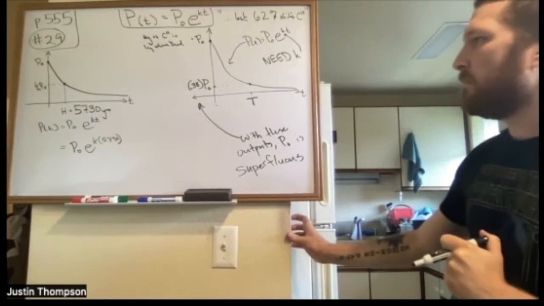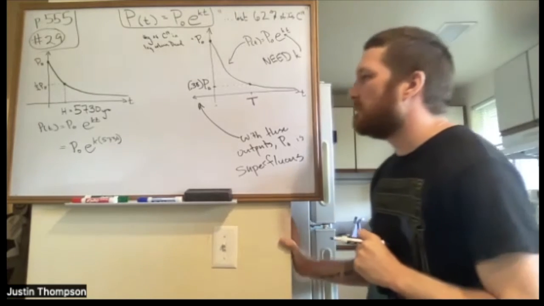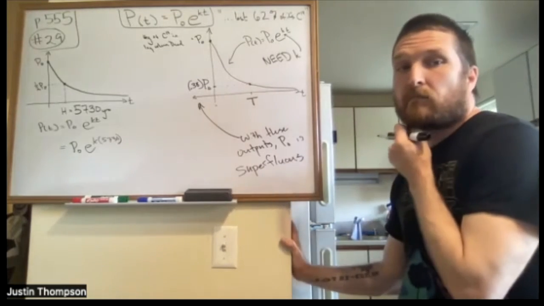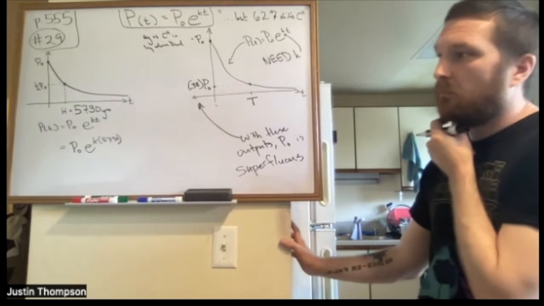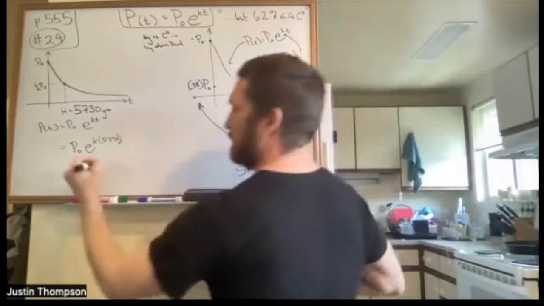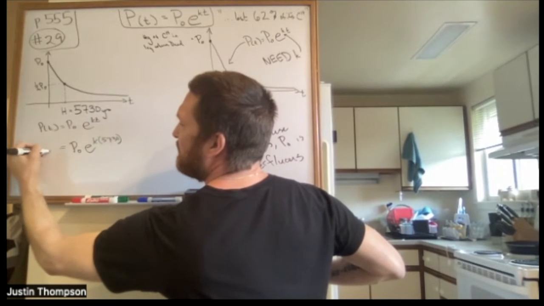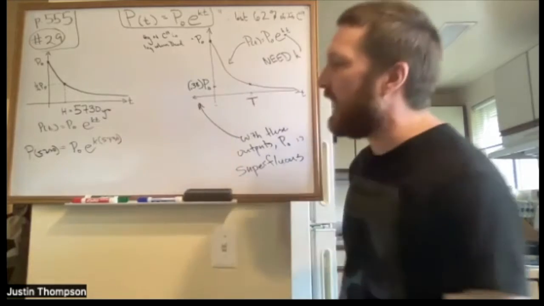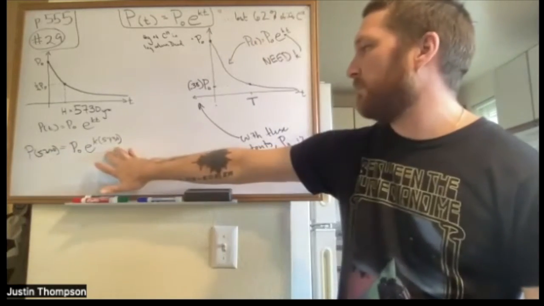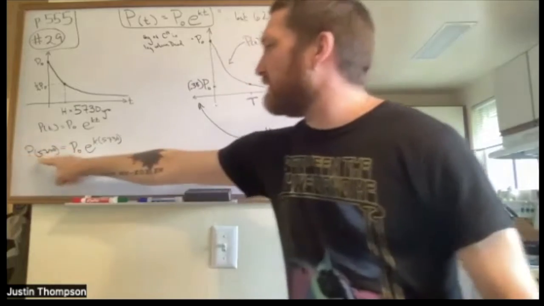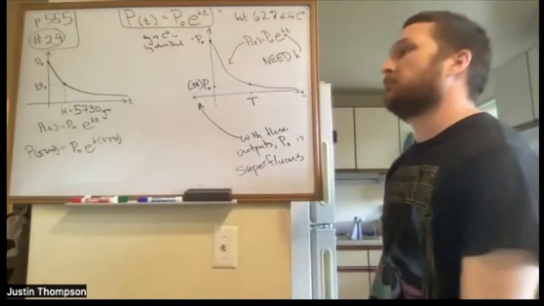P of 5730. Well, no, 1/2, right? Well, let's see. P of 5730. It's true that, yeah, P of 5730 does equal this. But this represents something else on this picture. What is that?